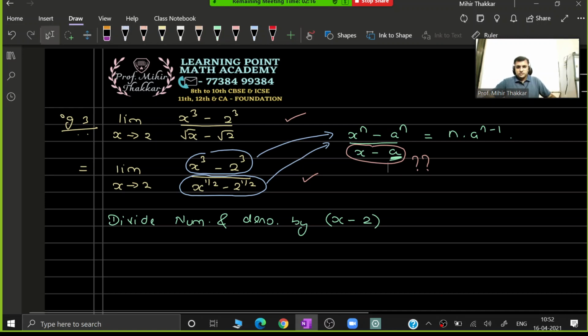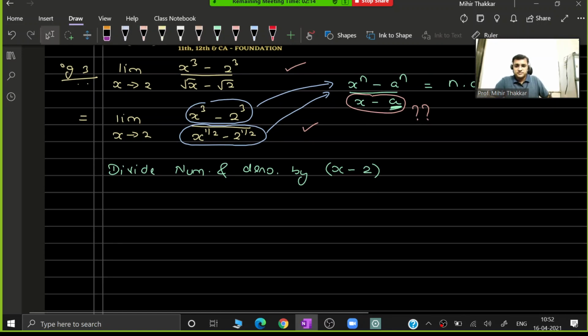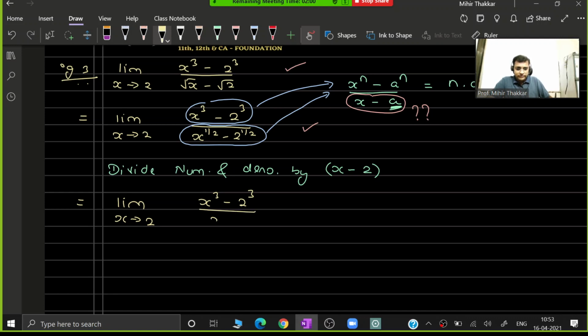Okay? So here I will get this is equal to limit as x tends to 2 of (x cube minus 2 cube upon x minus 2) whole upon (x raised to half minus 2 raised to half upon x minus 2).